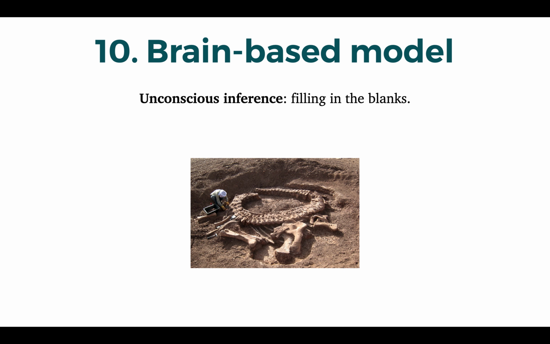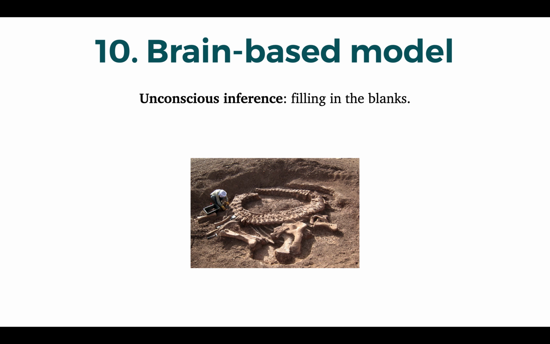So we don't necessarily get all of the information that we need to interpret the world exactly as it is, right? We talked about the blind spot on the retina. We talked about how perspectives can make the proximal stimulus on our retina really different from what's actually out there in the environment, right? But we use all of that information to make inferences about what is going on in reality.